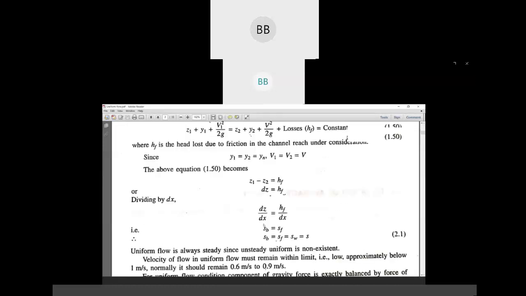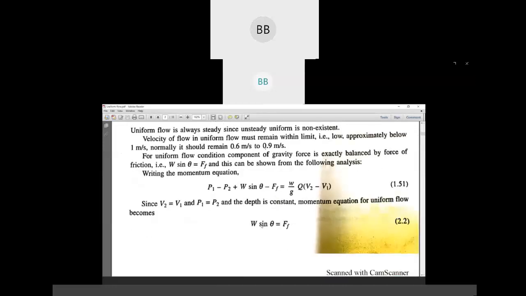So the pressure related to the depth, P1 and P2, will be same in case of uniform flow, so these two will cancel out. Then velocity is also same if we consider uniform flow, so this also cancels out. You can see here V2 equal to V1 and P1 equal to P2. So what will be left out?